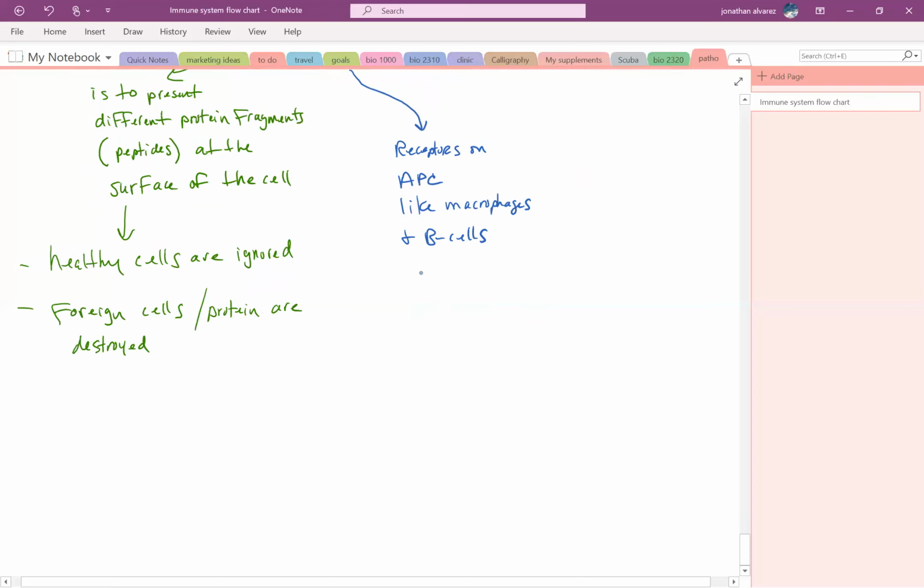The antigen presenting cell alerts or activates the immune system.